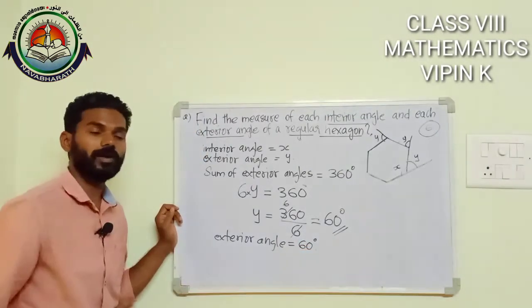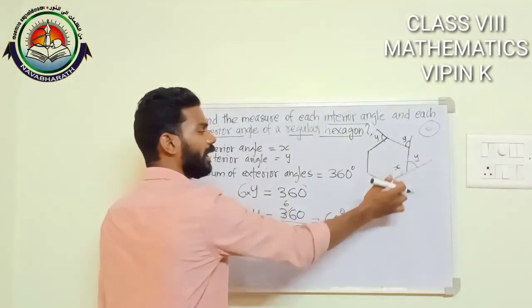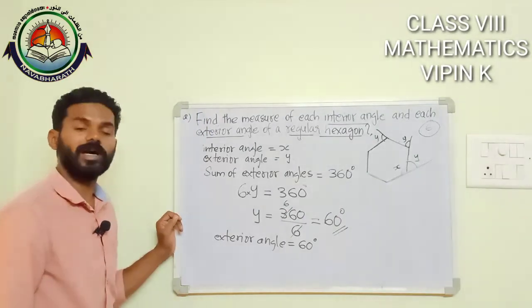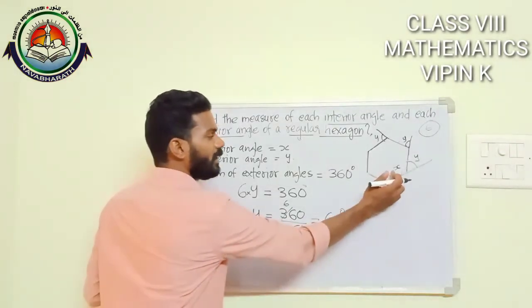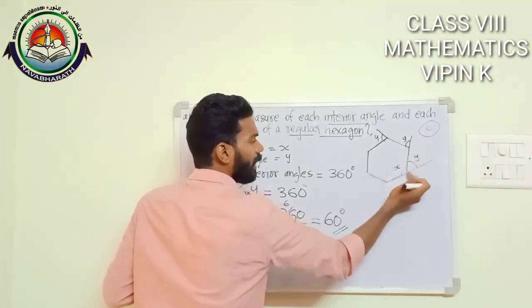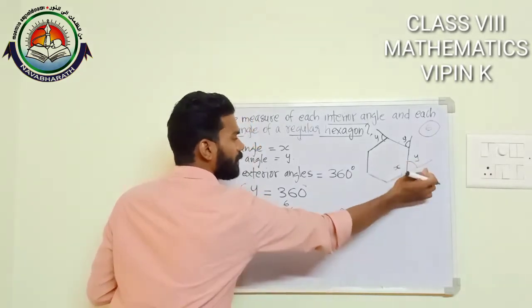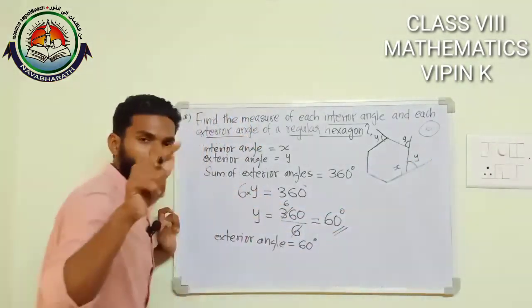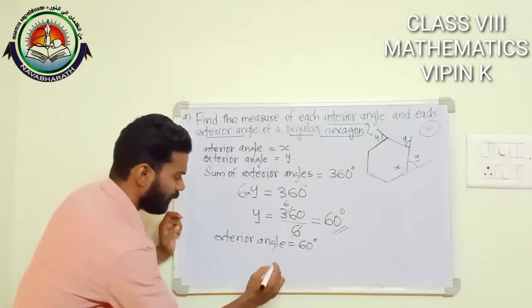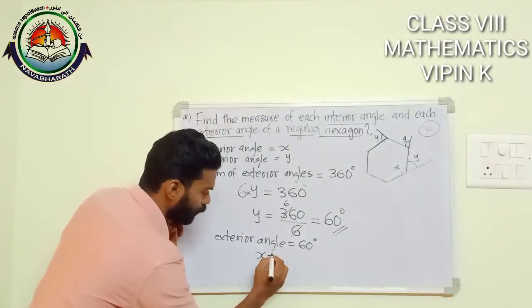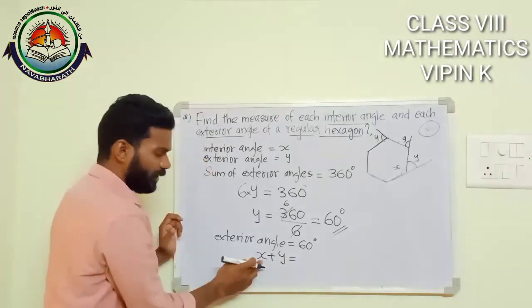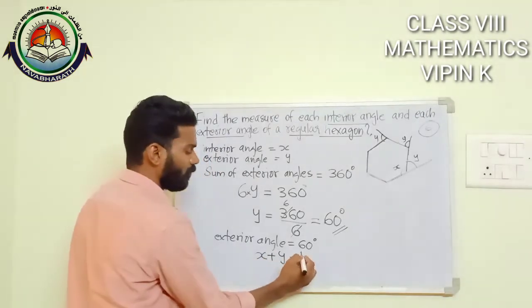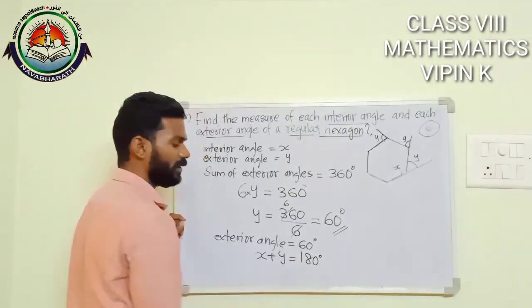Now, how can you find the interior angle x? You have the idea that interior angle and exterior angle are always supplementary, which means their sum equals 180 degrees. So we can write x plus y, interior angle plus exterior angle, would be equal to 180 degrees.